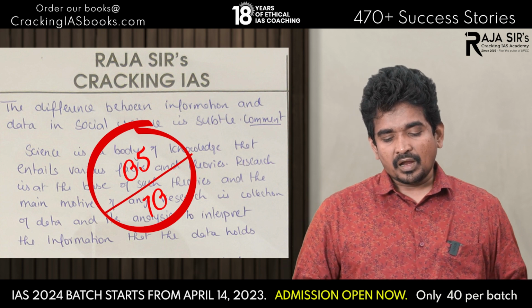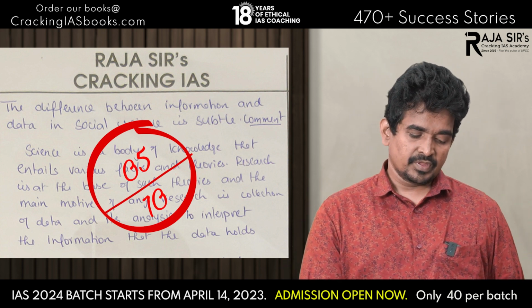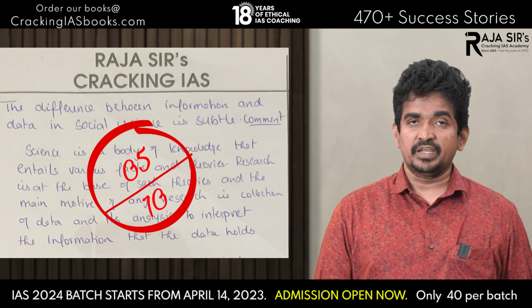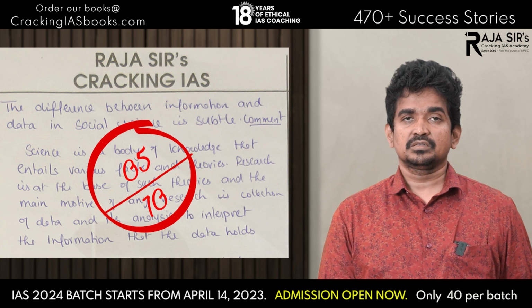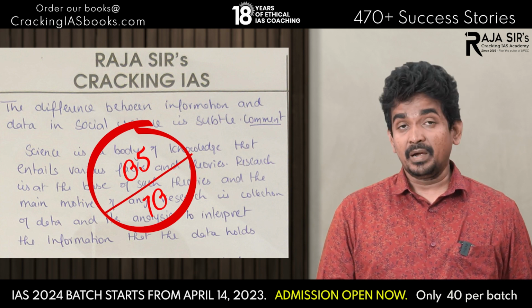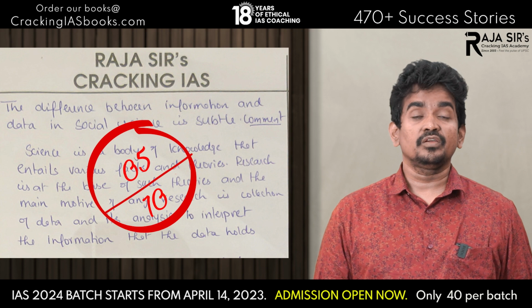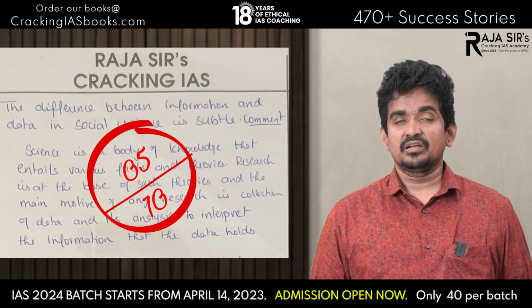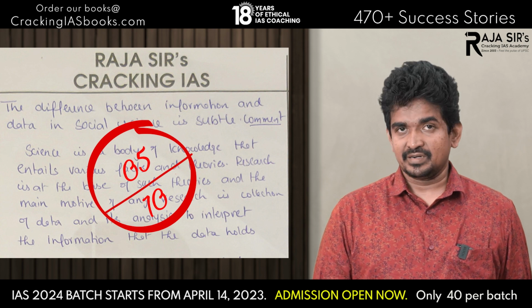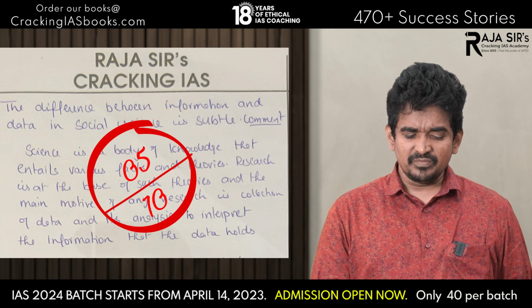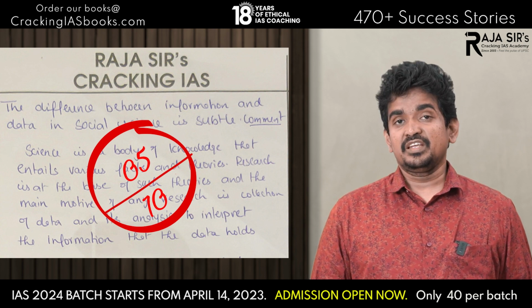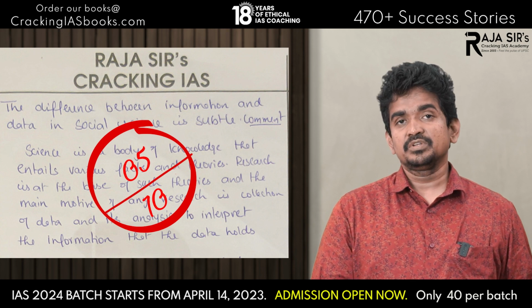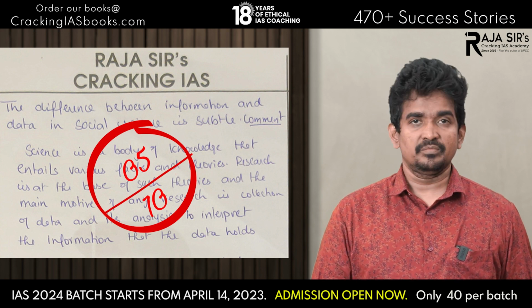Now, see, for this question, I would say 5 marks is decent. But 5 marks is not sufficient if you want a higher rank. So at least 7, 6.5, 7.5, something like that is better. So the problem with this answer is it is very generic except for the examples which is with respect to Durkheim and Weber.